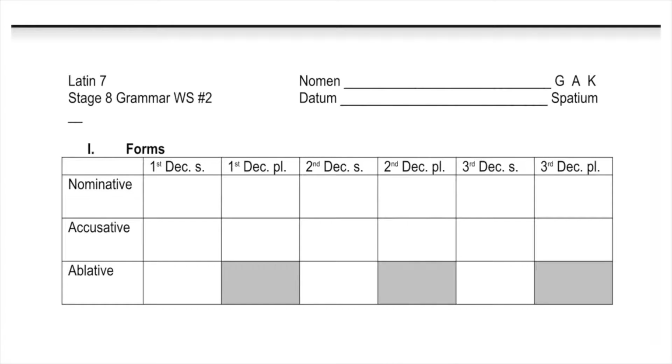First declension, remember, these are typically feminine words. Second declension are typically masculine words. And third declension can be either feminine or masculine. Nominative, first declension, singular: a. Accusative: am. Ablative: a.